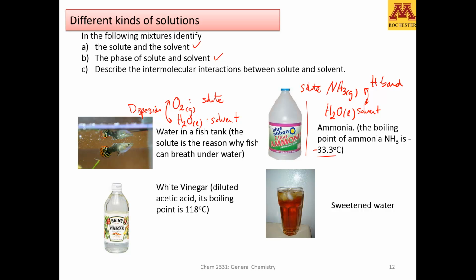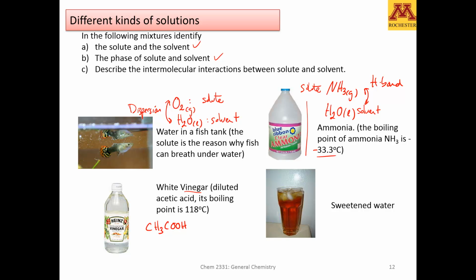Okay, so another example. You have a white vinegar bottle. Luckily for you, white vinegar, when you buy it at the store, is diluted acetic acid. The word vinegar comes from the Latin for bitter wine. That's what happens when you let wine go bitter. It becomes from ethanol to acetic acid, right?